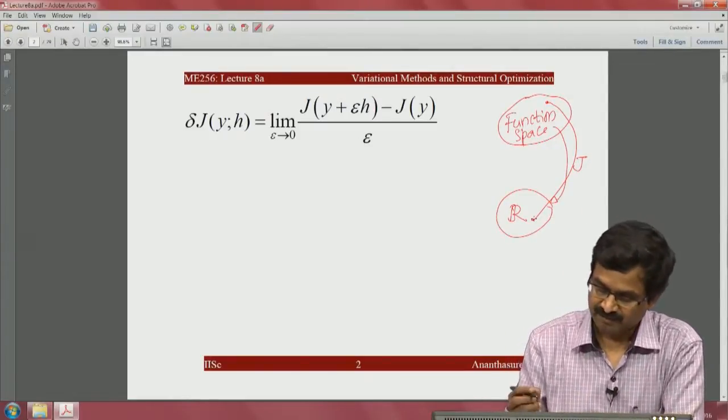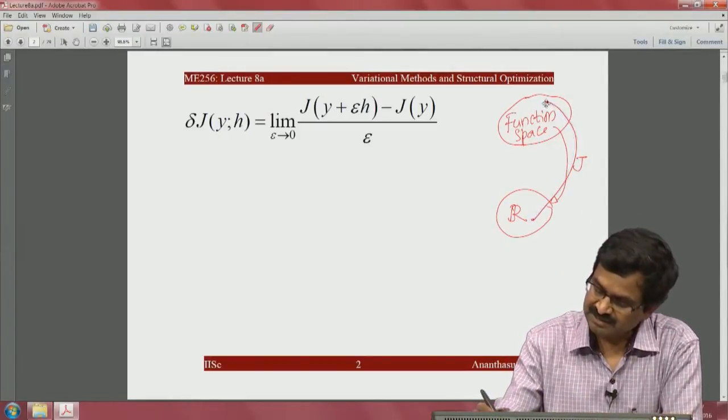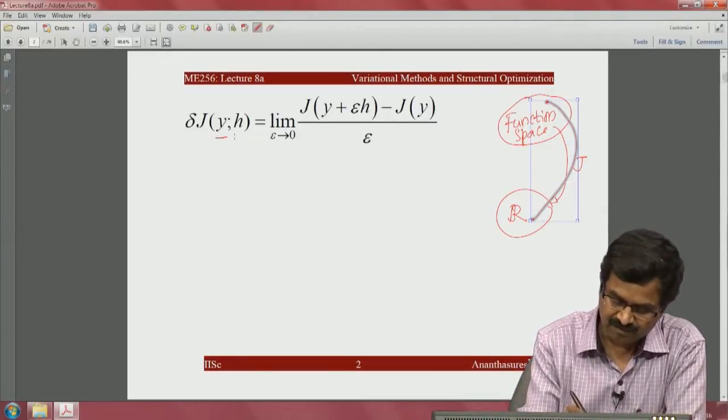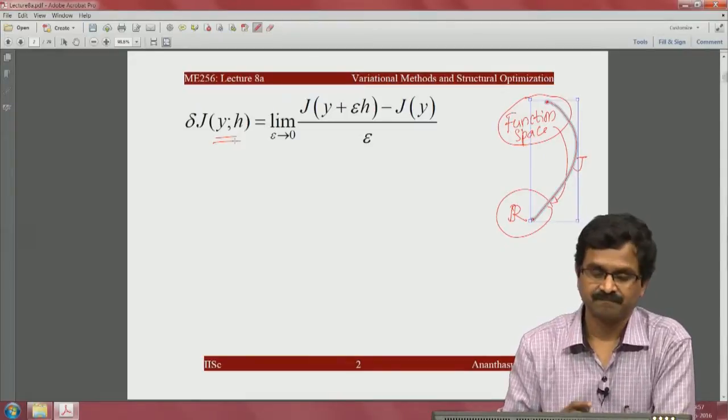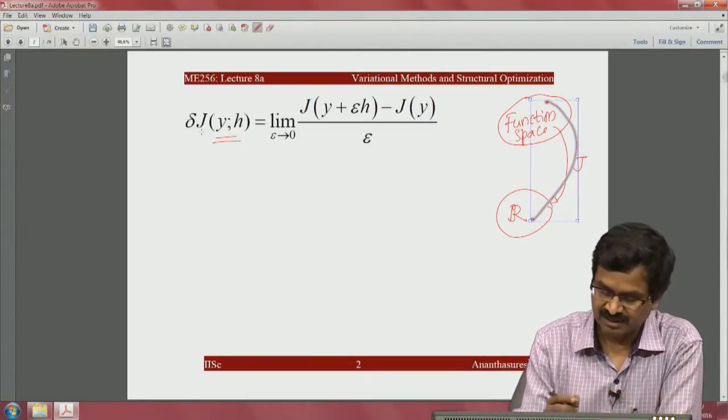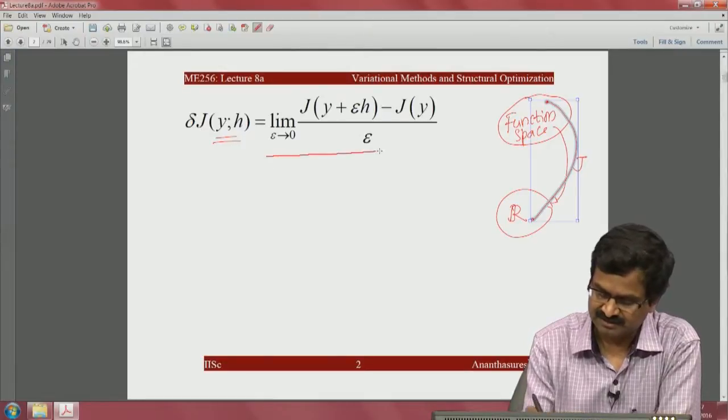Now, at a particular function, let us say this is my y of x, if you want to compute the equivalent of the gradient, what we call the variation, it is defined like this.